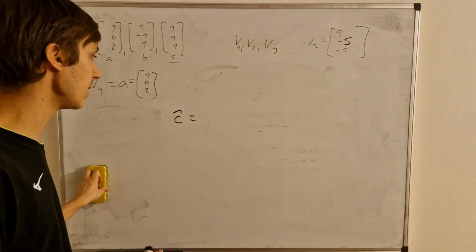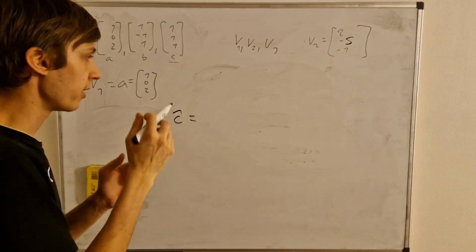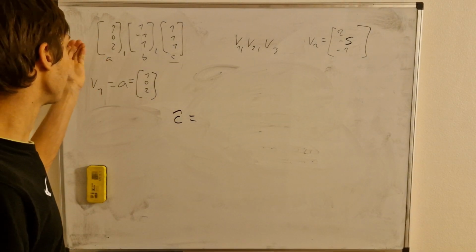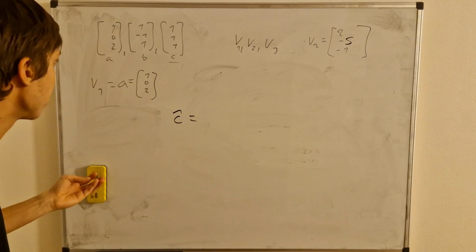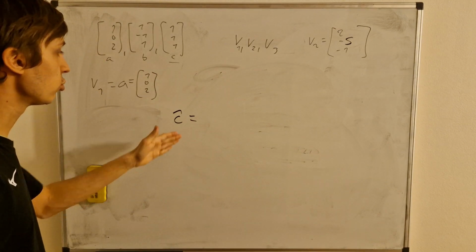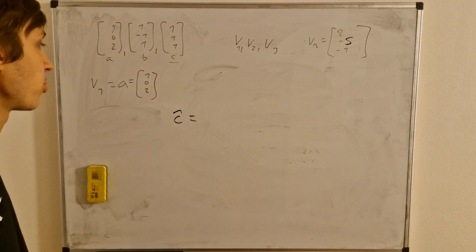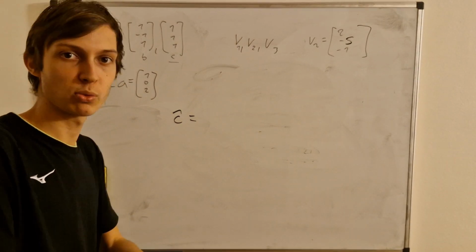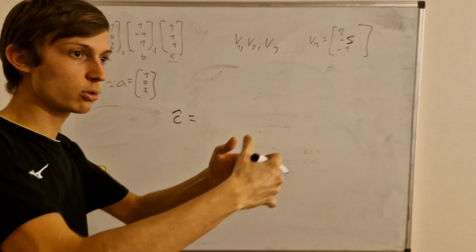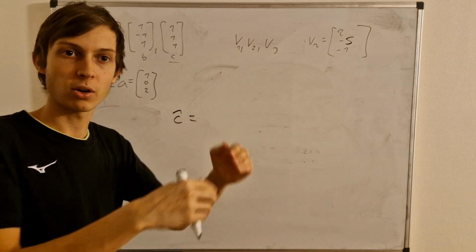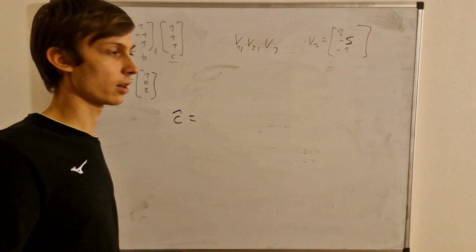Now I'll have C hat, and it will be the projection of V1 and V2 onto C. So the things we have so far, we project them onto C to make sure that V1 and V2 will therefore be projected onto C, and then we can again do the formula C minus C hat, because that will generate a third perpendicular vector.